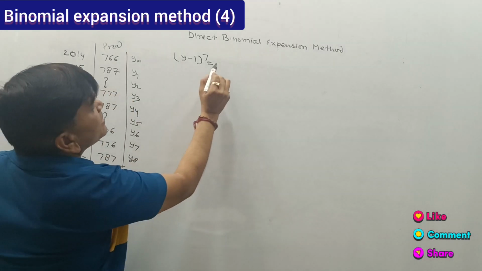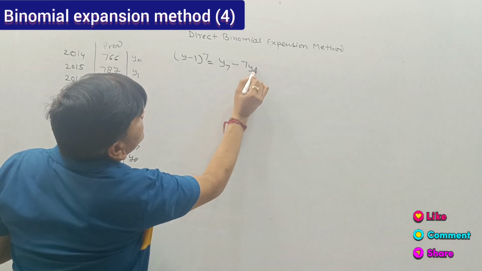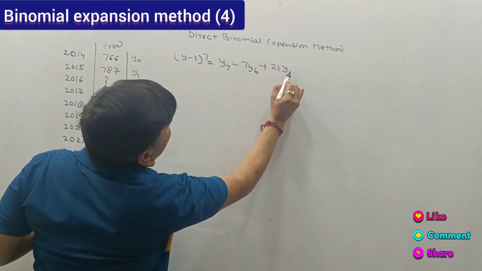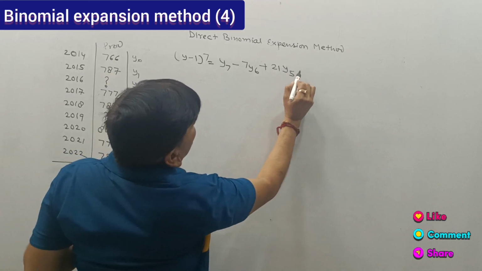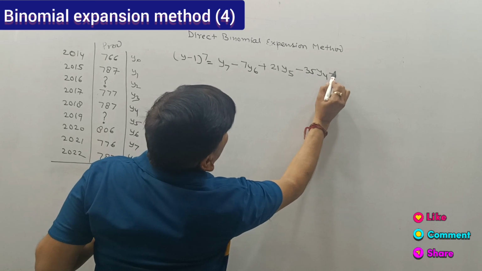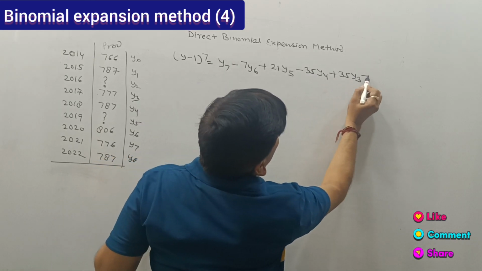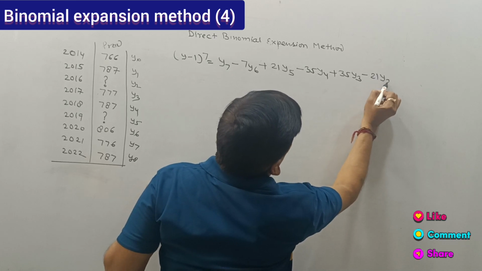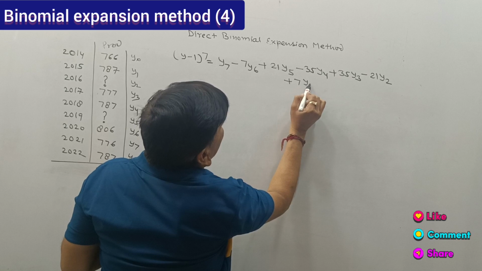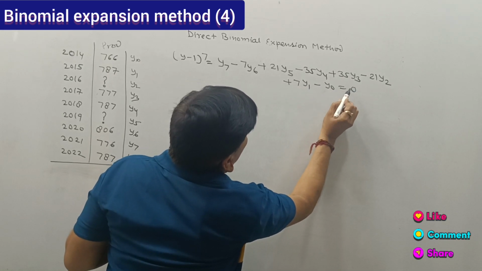The expansion of this is y7 minus 7y6 plus 21y5 minus 35y4 plus 35y3 minus 21y2 plus 7y1 minus y0 is equal to 0.